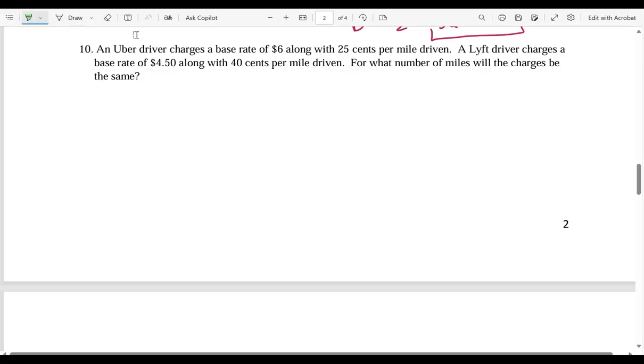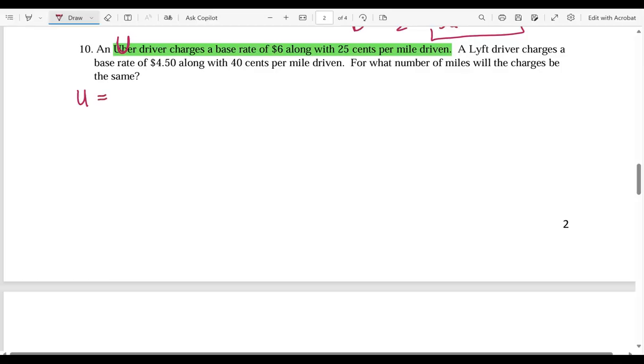All right, first thing we're going to do, take one sentence at a time. Uber charges $6 along with 25 cents per mile. Let's use U for Uber.